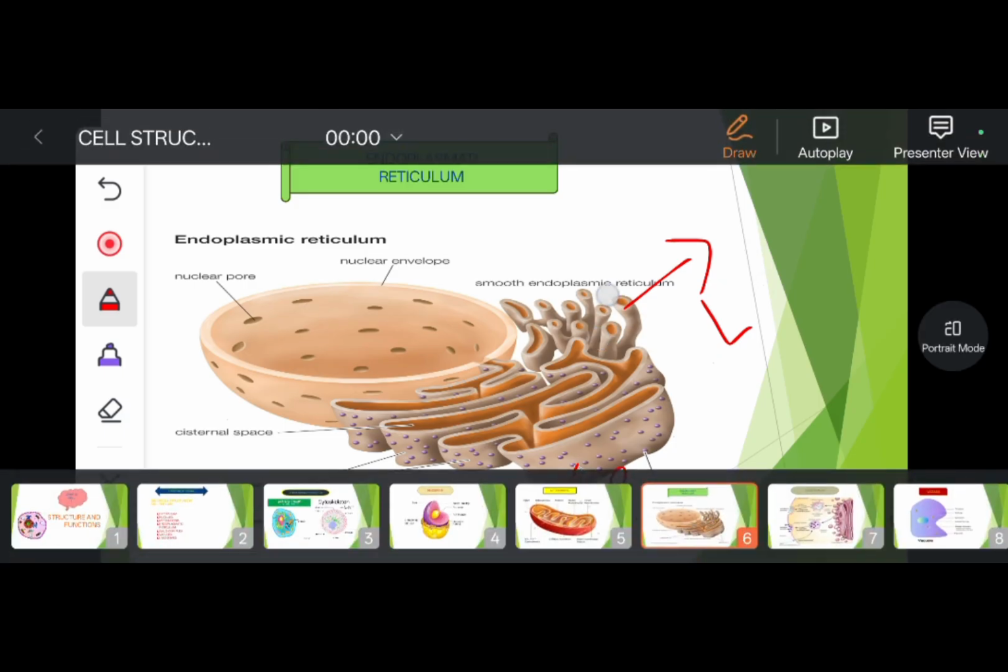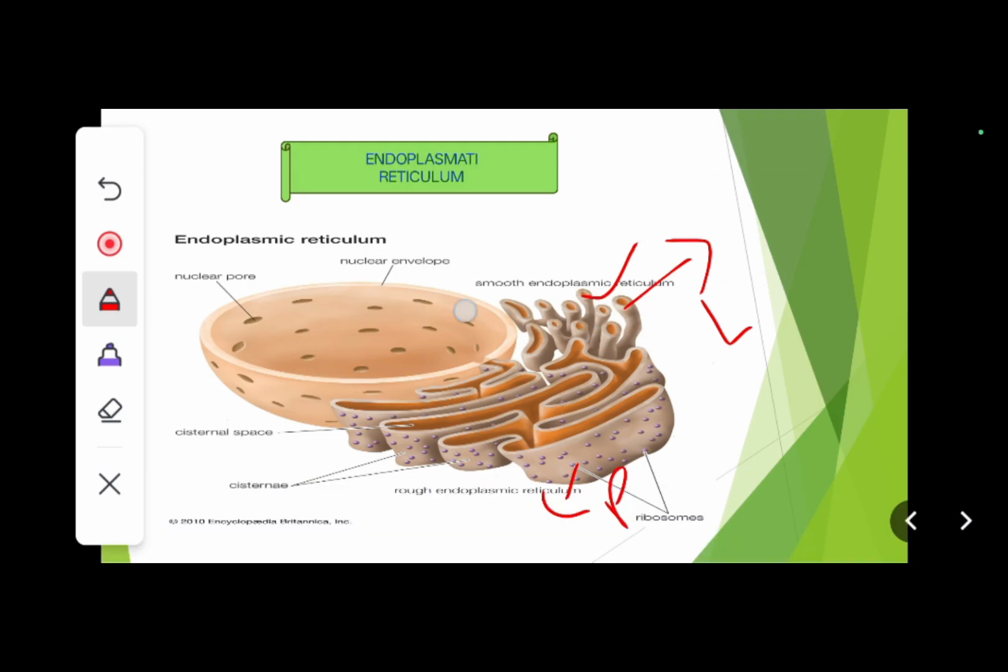It plays a major role in detoxification. It is most important to note down that smooth endoplasmic reticulum is useful for detoxification in the cell. These are the major differences between the rough and smooth endoplasmic reticulum.